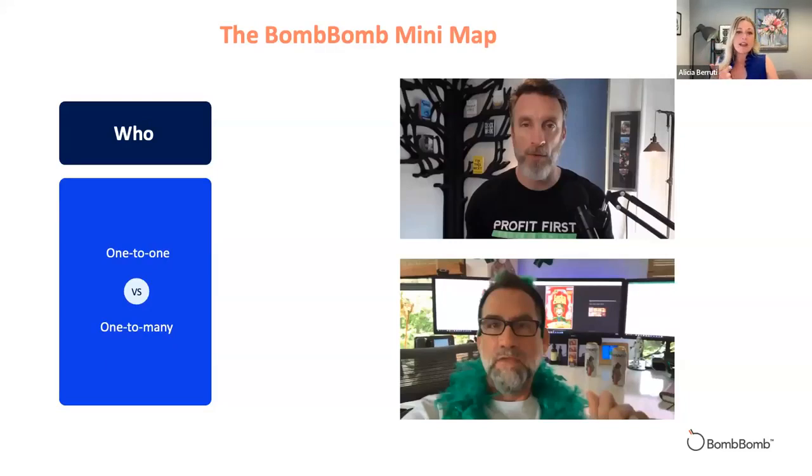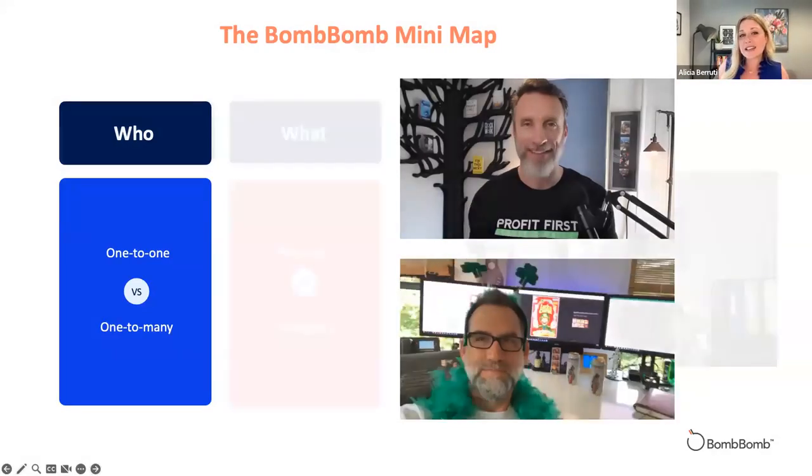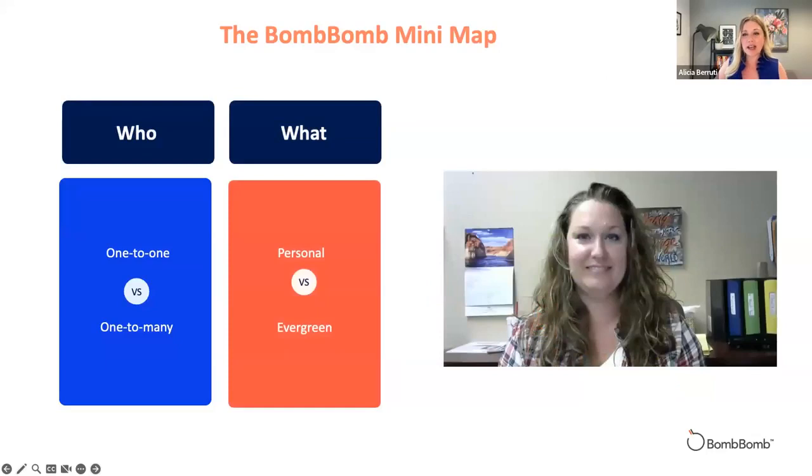The second piece of that mini map is deciding what kind of video it is, okay? Is this a personal video or an evergreen video, okay? So a personal video, both of the videos that I just showed you are personal, even though one was a one-to-many. What makes it personal, okay?